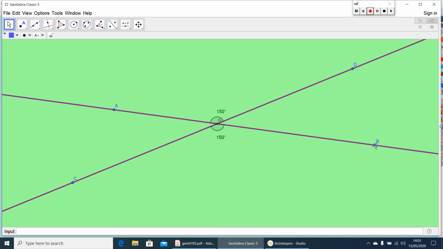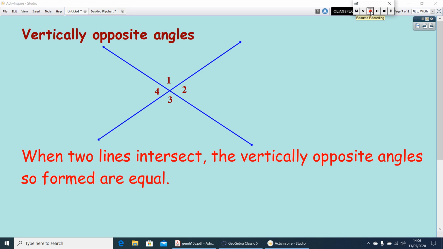So you can note down: when two lines intersect, the vertically opposite angles so formed are equal. Here angle 1 is equal to angle 3, angle 2 is equal to angle 4.